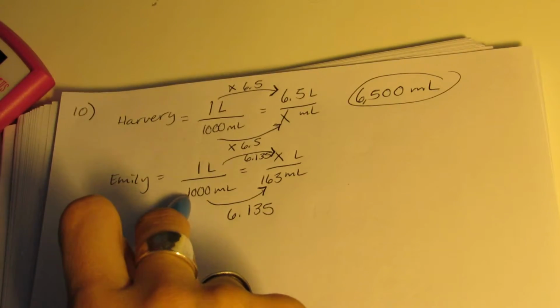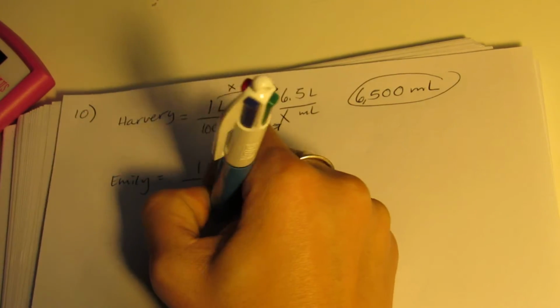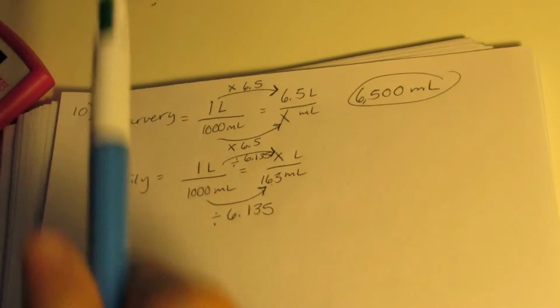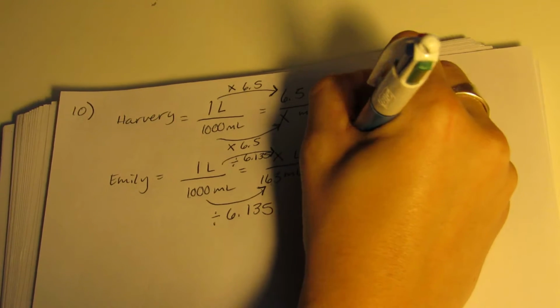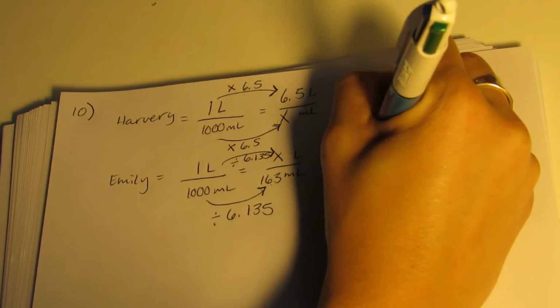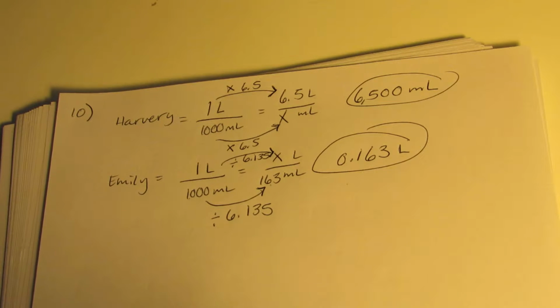If we look from 1,000 to 163, we're going down in numbers, so we divide. That's how we figure out what we do for our numerator. So 1 liter divided by 6.135 gives me about 0.163 liters.